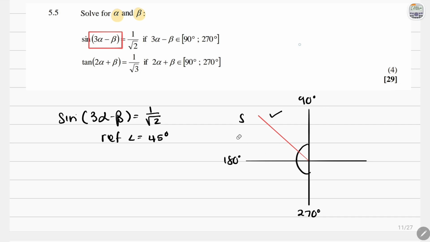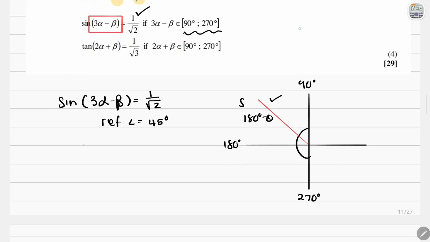No, we're only using this quadrant because this told us you must choose between the second or the third quadrant, but we know it's the second because sine is positive. So this is 180 degrees minus theta, and so we're going to say that the angle 3 alpha minus beta is equal to 180 degrees minus our reference angle, which is 45 degrees.